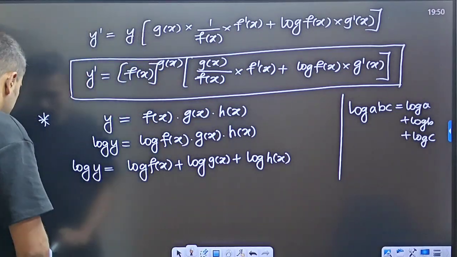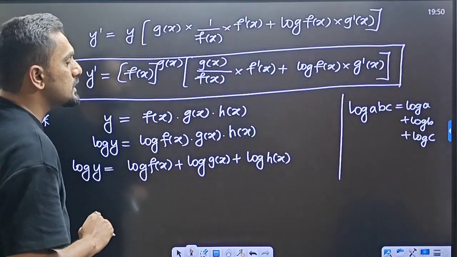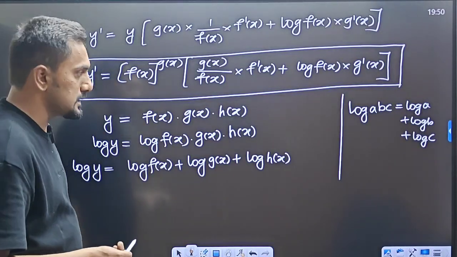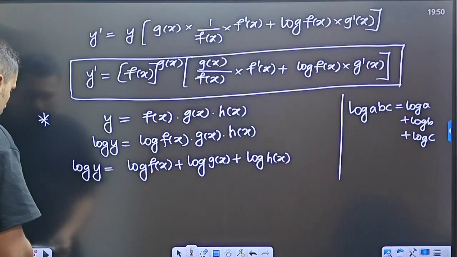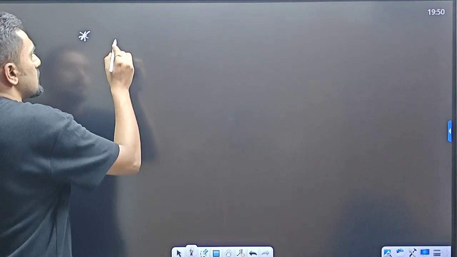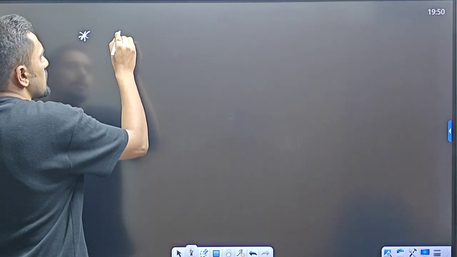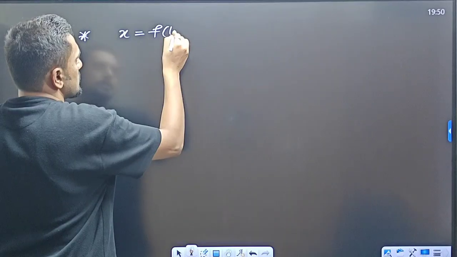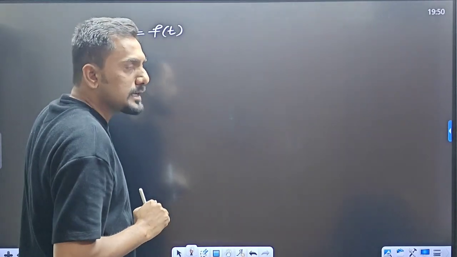Okay, so like this we will differentiate the function using logarithmic differentiation. Then coming to the parametric derivatives, the functions in parametric form. Suppose x is expressed in the form of a third parameter, that is t.